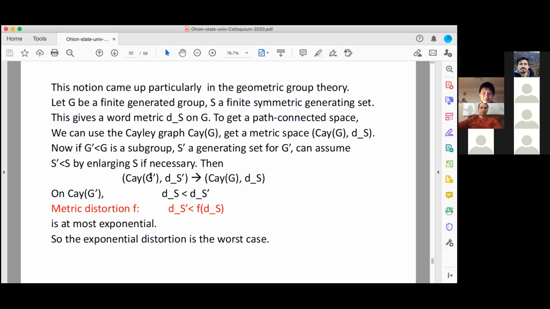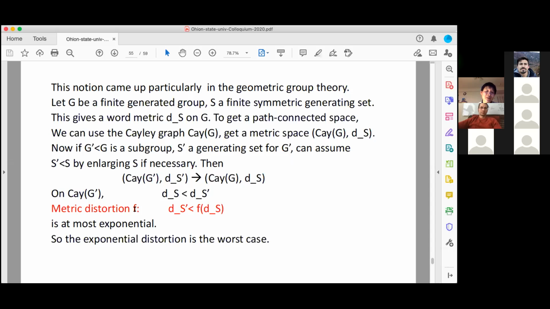Then we have such a map inside here. Now clearly, the word metric for S is less than or equal to the word metric for S prime, since I have more choices here. Now the metric distortion function is f. This should be almost equal. So d_S prime is almost equal to f of d_S.